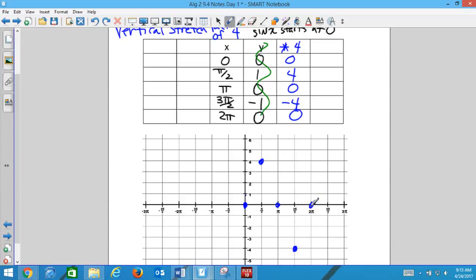So what I just graphed is one cycle. So what is my period? What is it? 2 pi. 2 pi. And my amplitude is, it's always positive 4. And we're going to connect those with a smooth curve. But then you're going to continue the pattern through your graph.